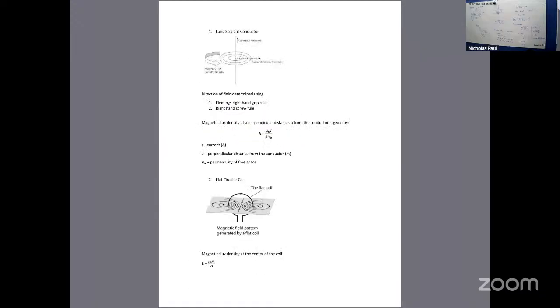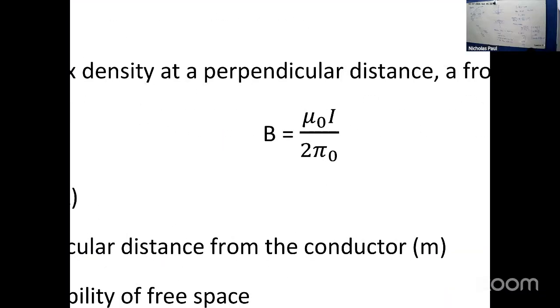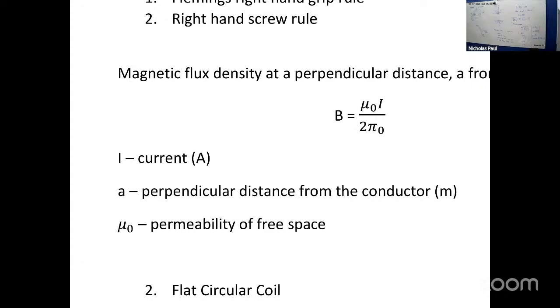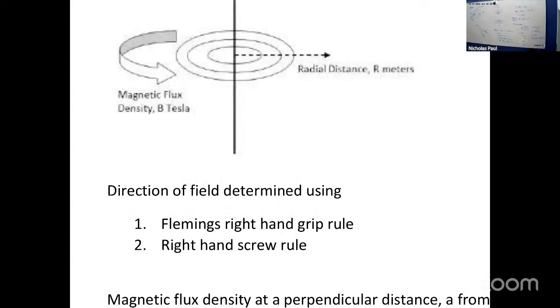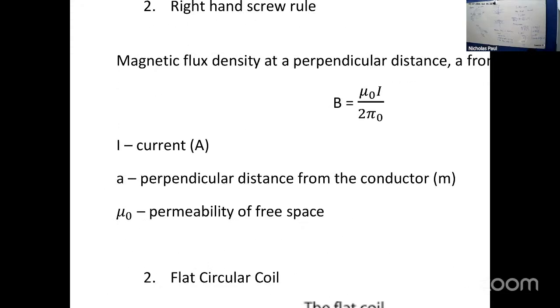And write what each letter represents. Here, that is for a long straight conductor.